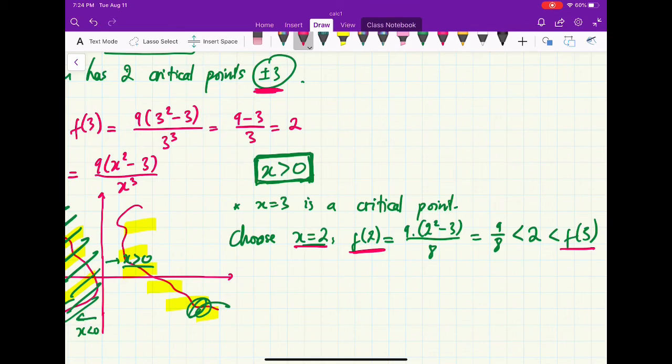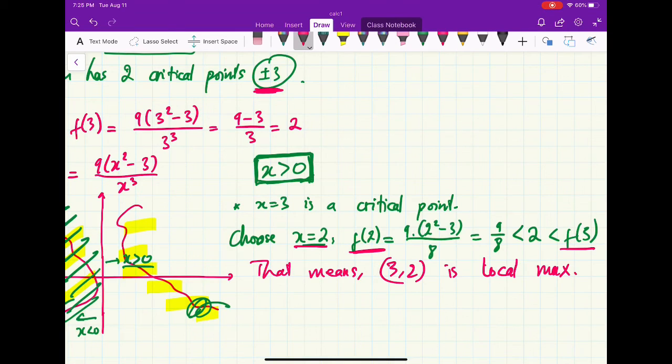So what does it mean? That means that critical point should be a local maximum. X equal to 3, or we say the point (3, 2) is a local maximum.